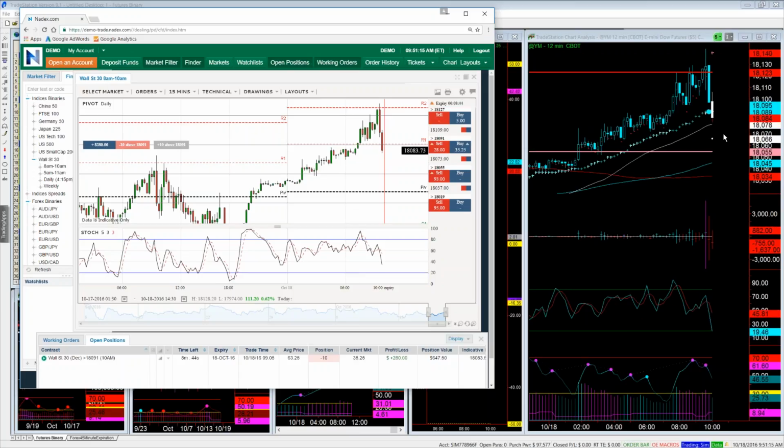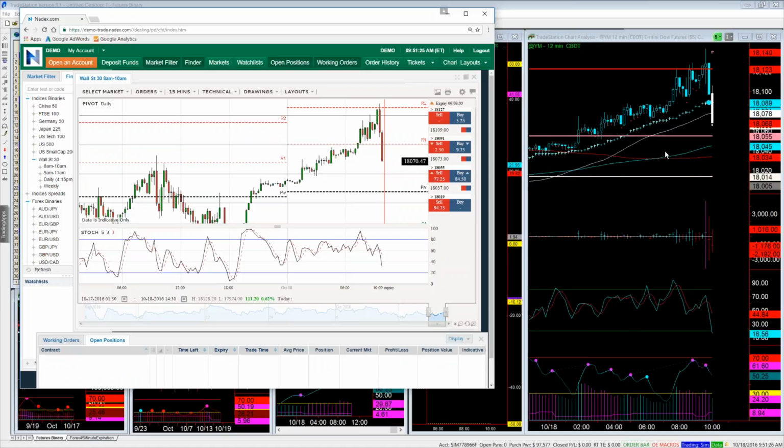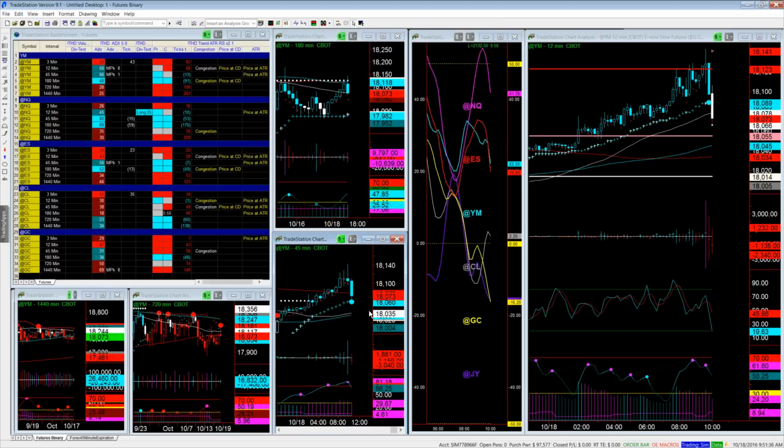Now, if it gets to 18,066, well, our profit target was just hit. Do y'all see that? But it's because that congestion dot developed, and the only reason it did was because this 45-minute was pushing it down. Do y'all understand that?